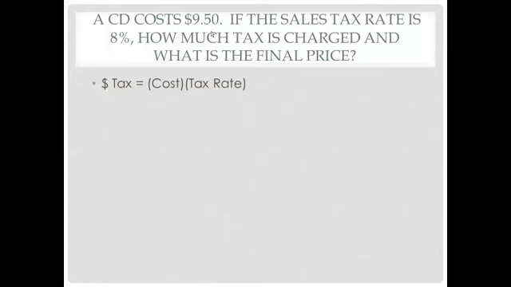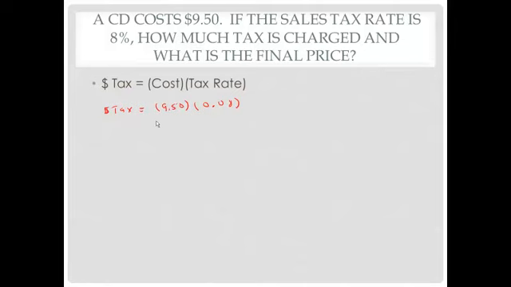A CD costs $9.50. If the sales tax rate is 8%, how much tax is charged and what is the final price? Well, we can find the tax amount by multiplying the cost by the tax rate, and it's 8%. So I'm going to change that 8% into a regular number, 0.08, and remember, we change a percent into a regular number by dividing by 100.